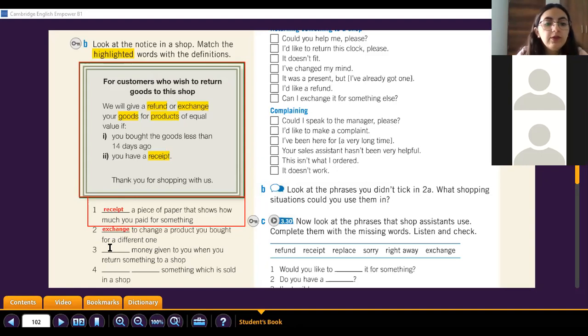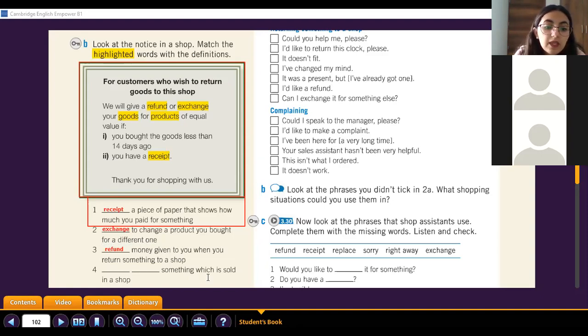And what about refund? Refund is mostly when you are asking to give you the money back. Casi siempre cuando ustedes no están conformes con algo, piden una devolución, un reembolso. Eso quiere decir que les van a devolver el dinero. ¿Sí? Money given to you when you return something to a shop.